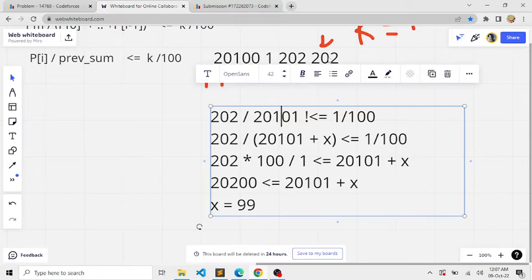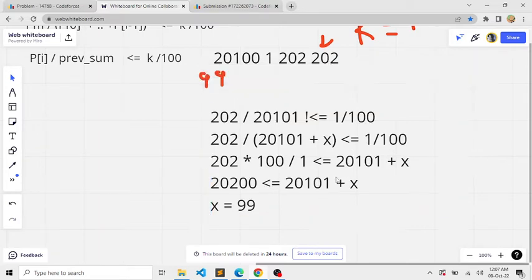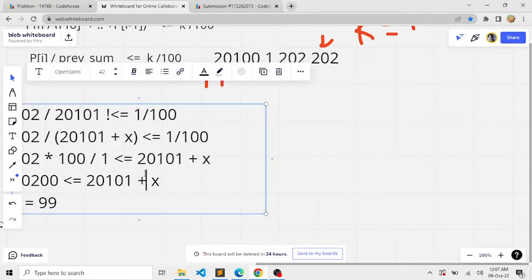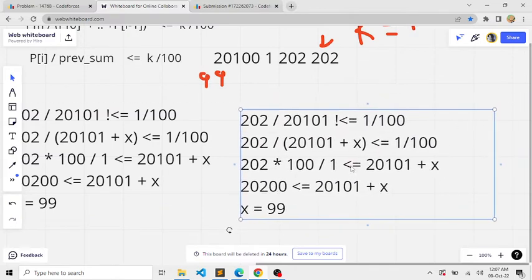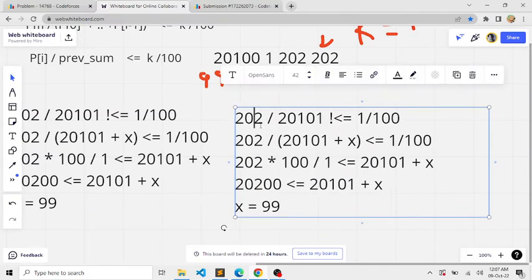So the third term is basically 202 divided by, let me move it over here and I'll just copy the same over here for the third term. So the third term would be 202 divided by 20100 plus 1 plus 202, which would be 20303.